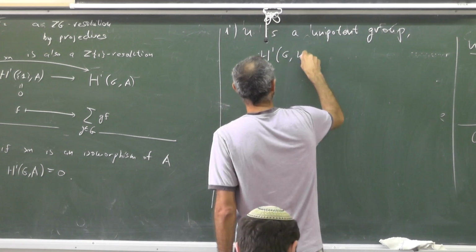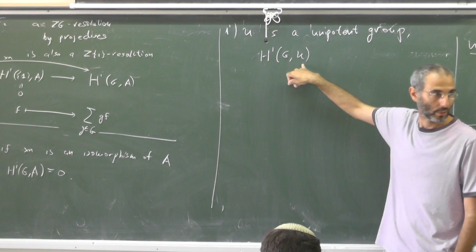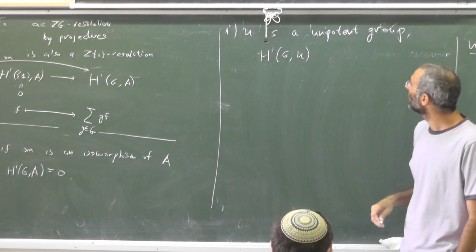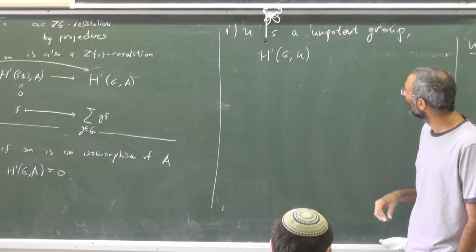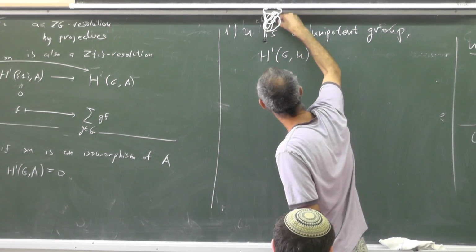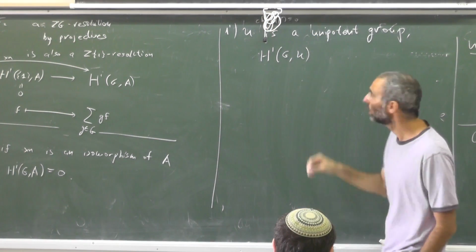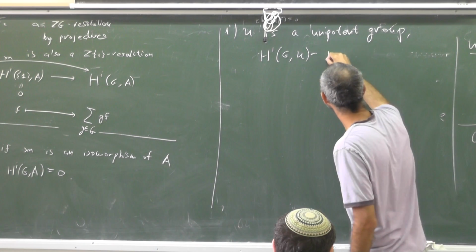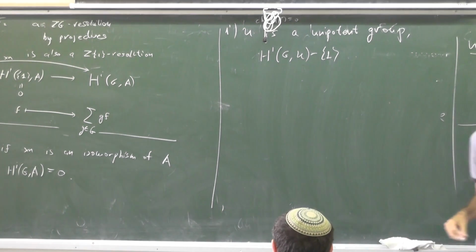Now this does not make sense anymore for higher cohomology, again, for higher cohomology we can't see it, and it is assumed to be 0. And this is strict.